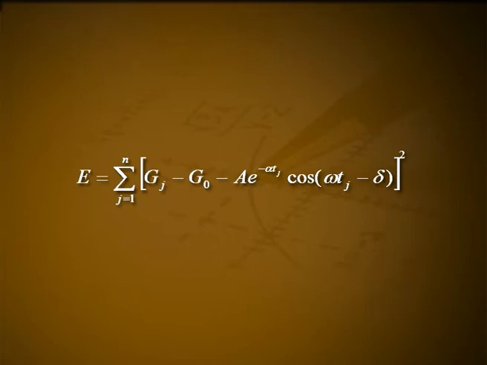We then find optimal values for g naught, a, alpha, omega naught and delta such that the least square error E is equal to summation j equal to 1 to n Gj minus g naught minus a e raised to minus alpha Tj cos omega Tj minus delta the whole square is minimized. The problem of minimizing E can be solved on a digital computer.